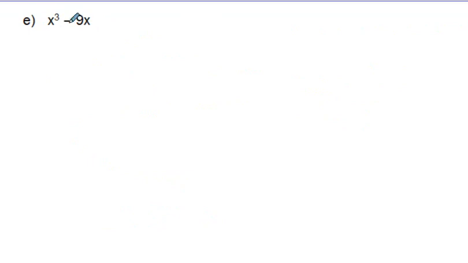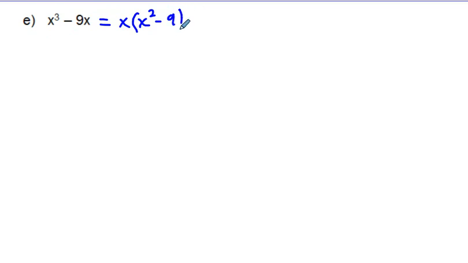Here we have a cubic expression, and so we always look for our common factors here. Well, we have an x in both cases, so x times what equals x cubed? Well, that's going to be x squared. X times what equals negative 9x, which is negative 9.